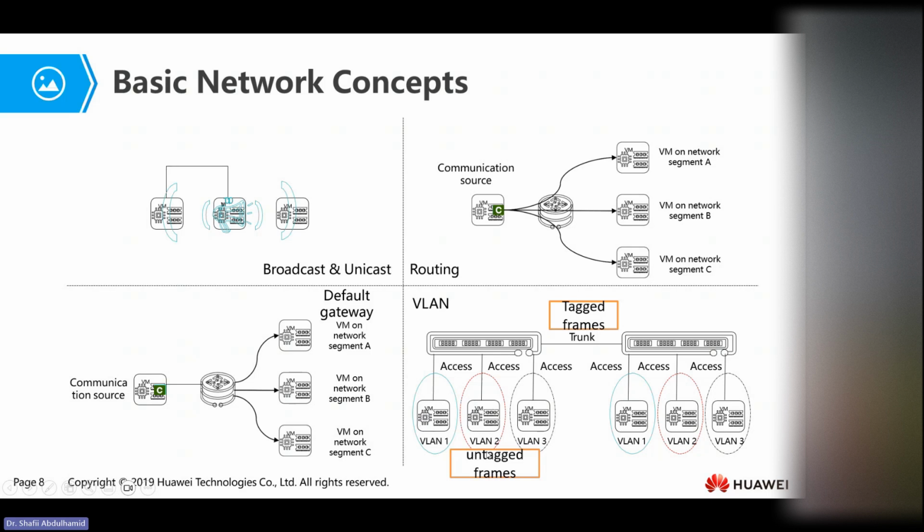VLAN 2 is created for the engineering department. VLAN 3 is created for HR. But in another switch, we have VLAN 1 created for the finance department, VLAN 2 for management, and VLAN 3 is for the English department on a different physical switch.